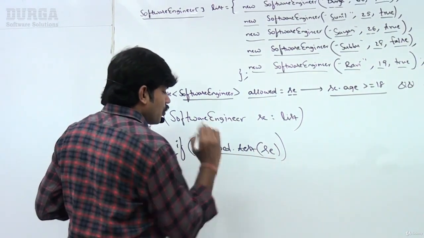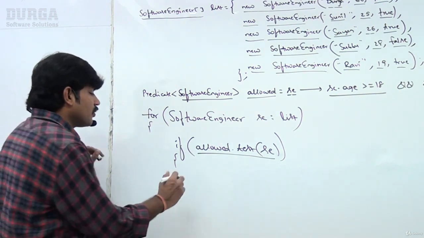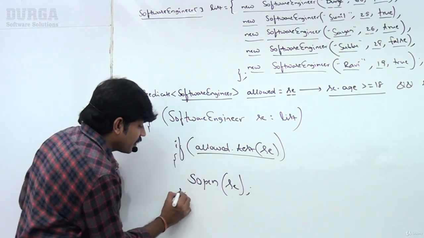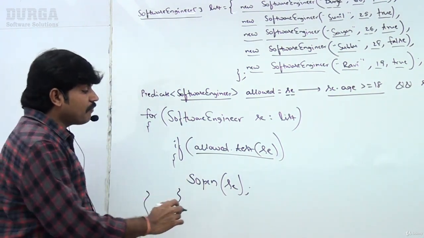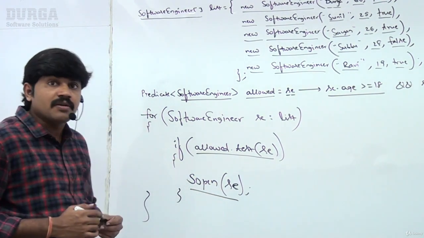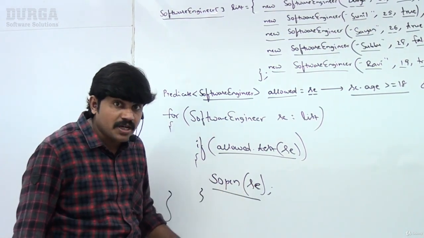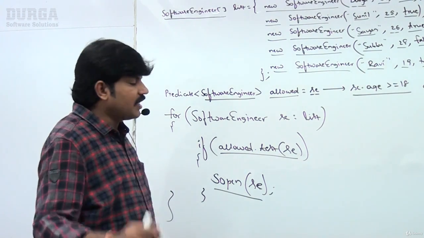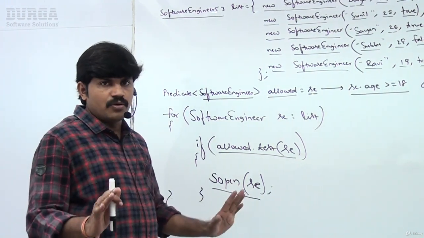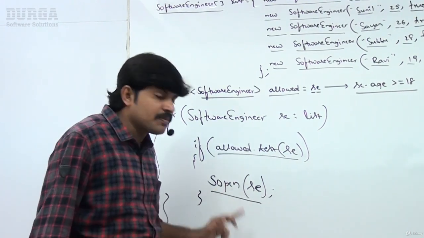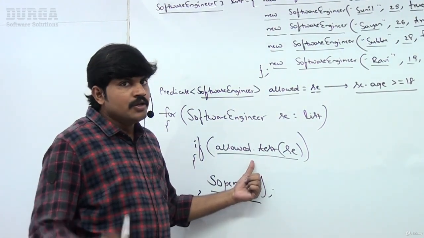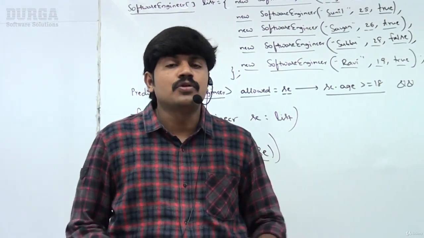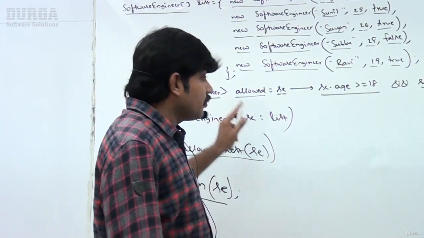If this returns true, then automatically this software engineer is allowed into the pub. Just print that. Whenever we print a software engineer object, the toString method will be called. I override the toString method to return name. Then automatically we get the names of all the software engineers who are allowed. So in this example, to perform the conditional checking of whether the software engineer is allowed into the pub or not, just use the predicate concept.